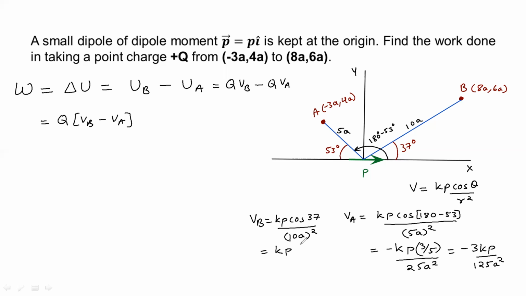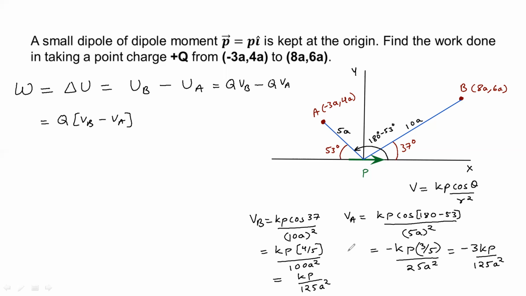So Kp times 4 by 5 upon 100 a squared. So this is going to be Kp by 125 a squared. Okay. I hope I've done it right.